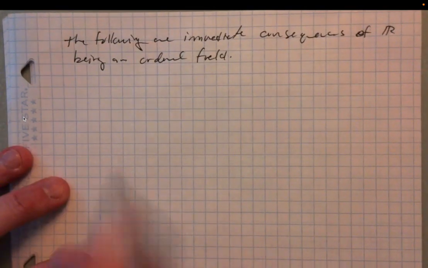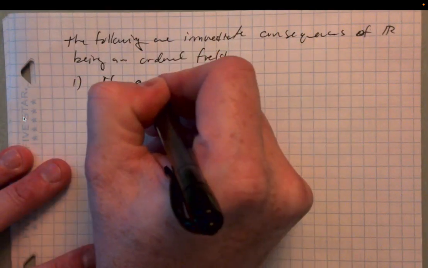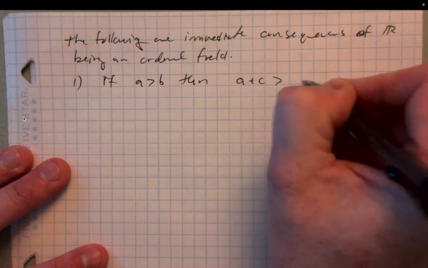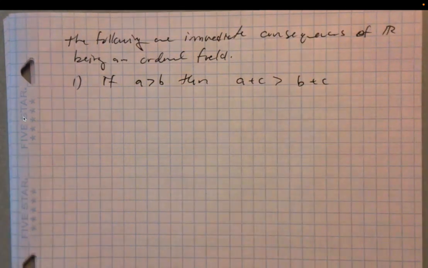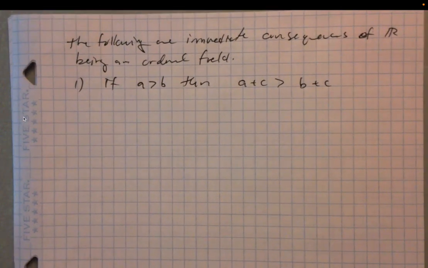Okay, so first thing is if A is greater than B, then A plus C is greater than B plus C. Now, we could prove this using just the axioms that we introduced at the beginning of the section and the ordered field properties.